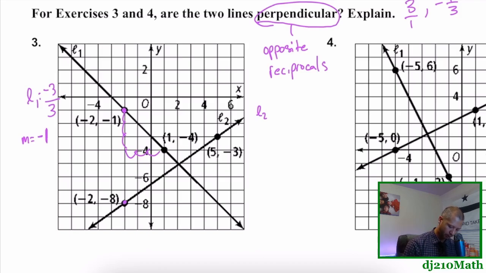So I want to switch colors. All right, so we'll go up 1, 2, 3, 4, 5, so up 5, and then to the right, 1, 2, 3, 4, 5, 6, 7, over 7. Again, comparing the slopes of L1 and L2, they are not perpendicular, right? They're not opposite reciprocals.